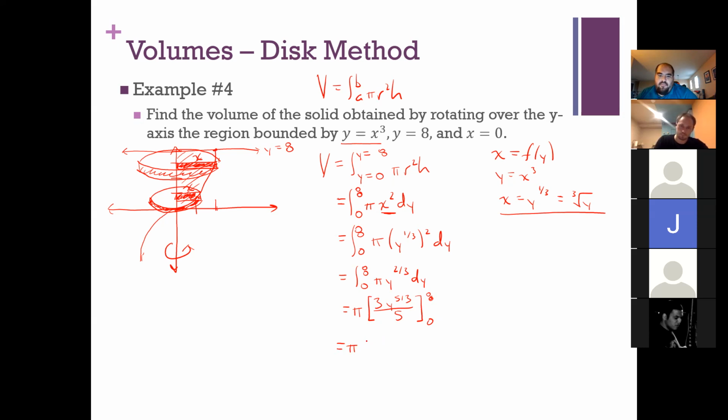And I think 8 to the 5/3 comes out to be 32. So I believe this comes out to be 96 pi over 5.